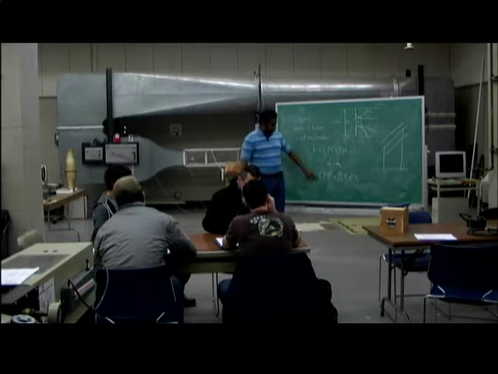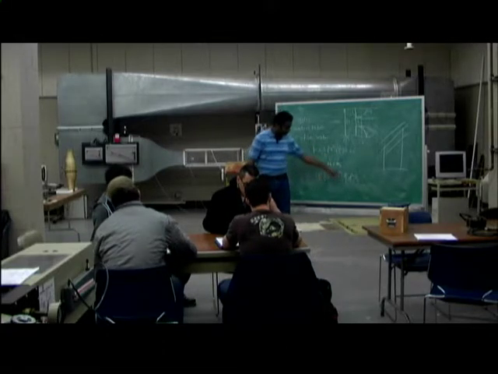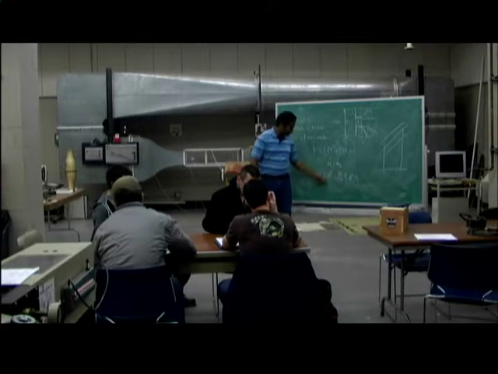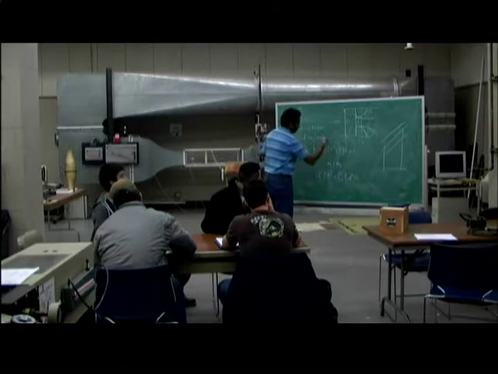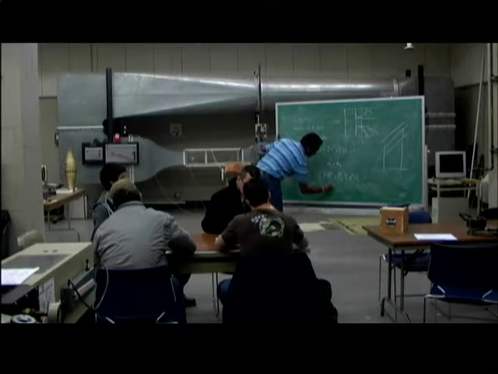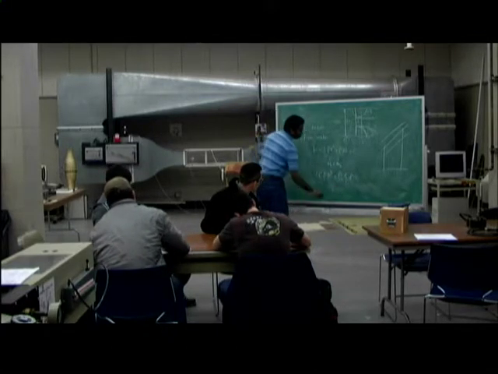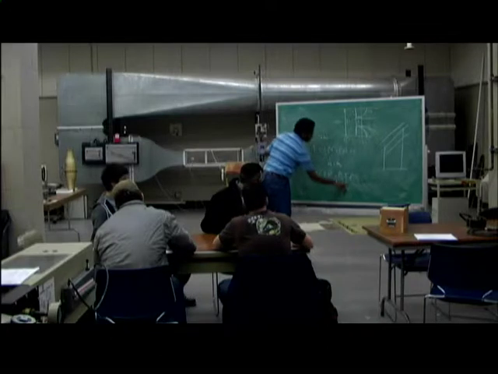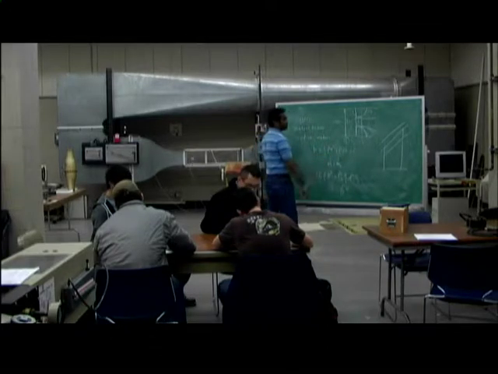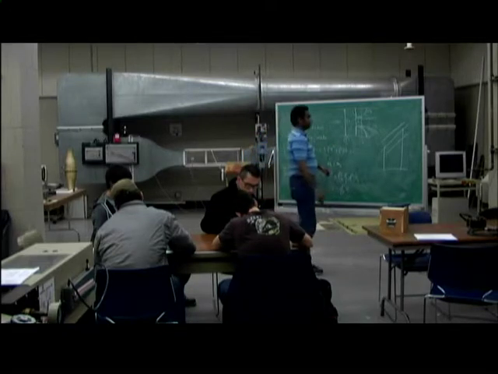Now, since the flow is incompressible, you can get rid of the density and you can simply cancel these two terms. Now we're going to find V2, right? So you can express V1 in terms of V2: V1 is equal to d2 squared over d1 squared times V2. Then you substitute that into this equation and obtain, I'm not going to derive that equation because it has already been derived.